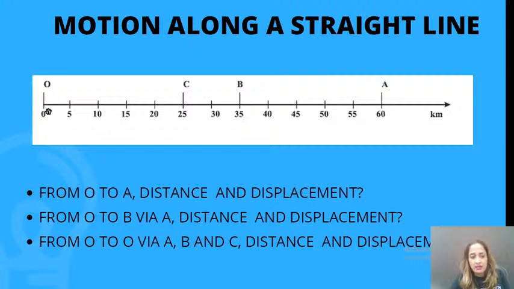It doesn't matter if it goes to C and then B and then A and then B. It does not consider that. The only thing displacement considers is from O to B. So this is the difference between distance and displacement.